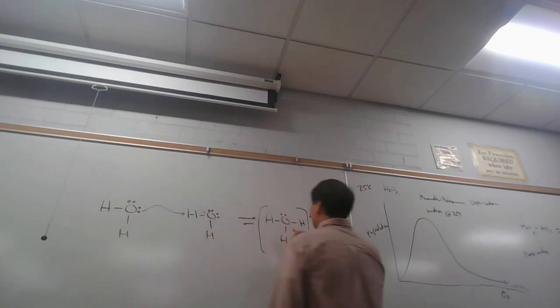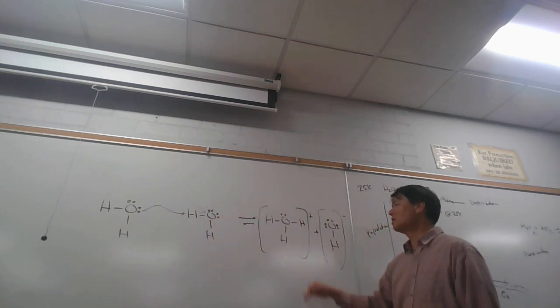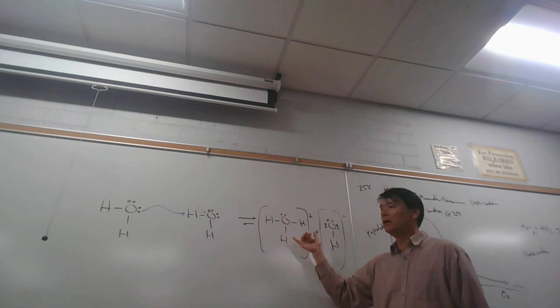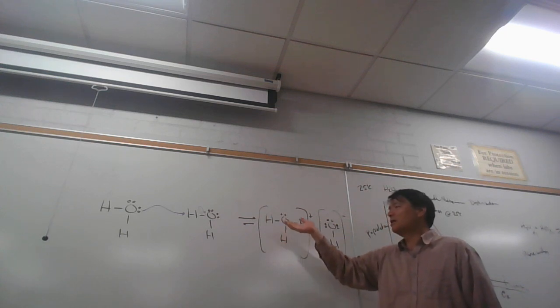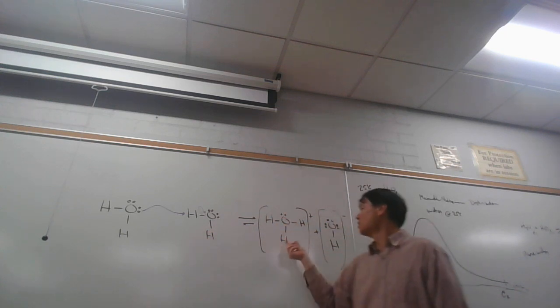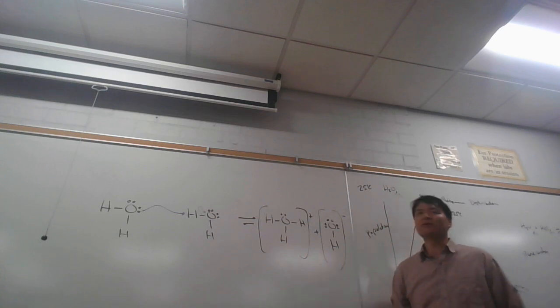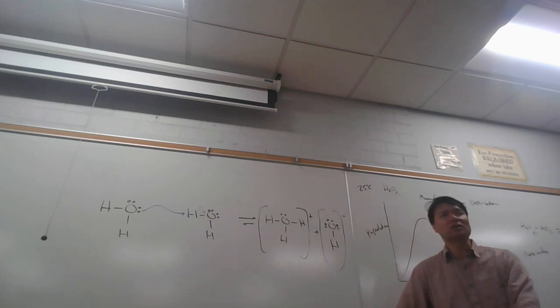The oxidation state of oxygen is the same in all these. The oxidation state, winner takes all. And so when we look at it, it doesn't matter if it's water, hydronium, or hydroxide. They're all going to have the same oxidation state. What is the oxidation state of oxygen in these 3 species?